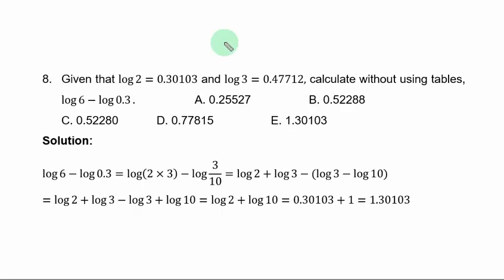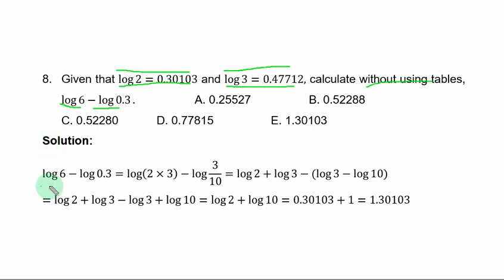Question 8. Given that log 2 is equal to this, log 3 is equal to this, calculate without using tables log 6 minus log 0.3. You should evaluate log 6 minus log 0.3 on the basis of log 2 and log 3.